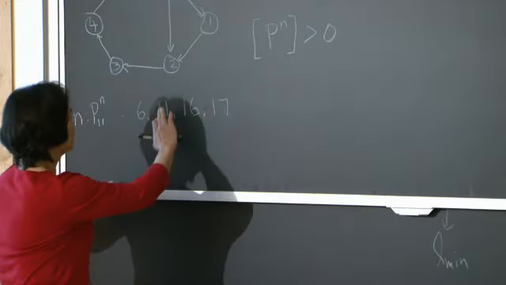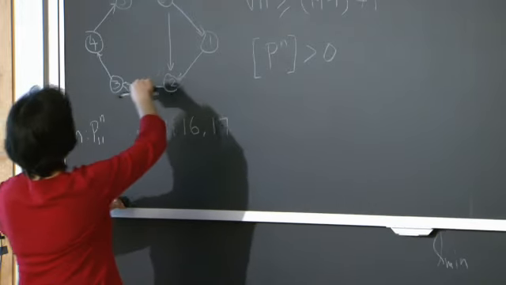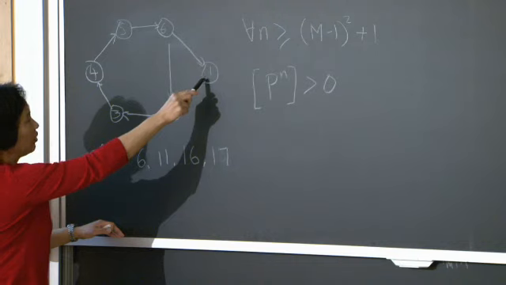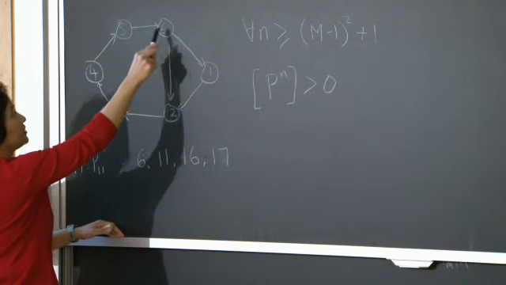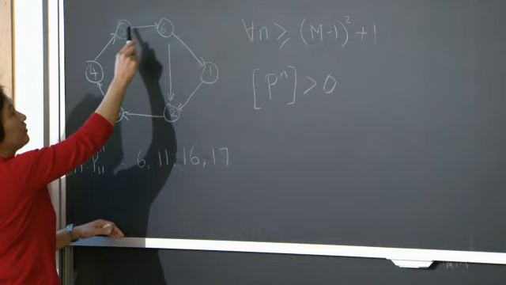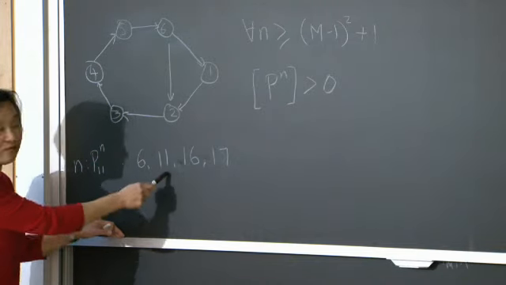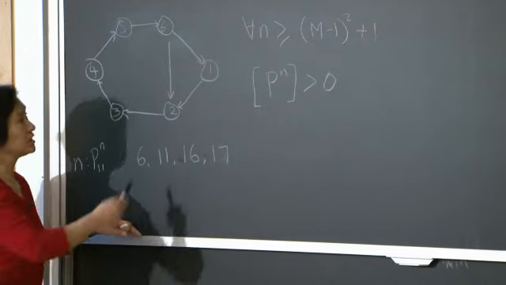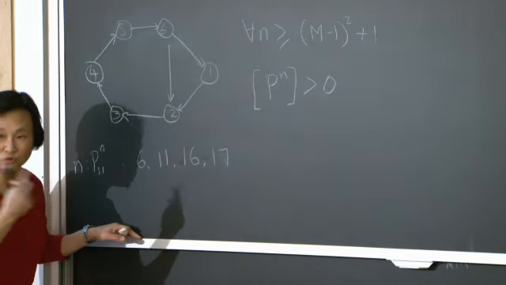No, I'm going to go this inner loop right here. If I go from 1 to 2 to 3 to 4 to 5 to 6, down to 2, then I go 3, 4, 5, 6, 1. That's 11, isn't it? So 16 is going around the inner loop twice.